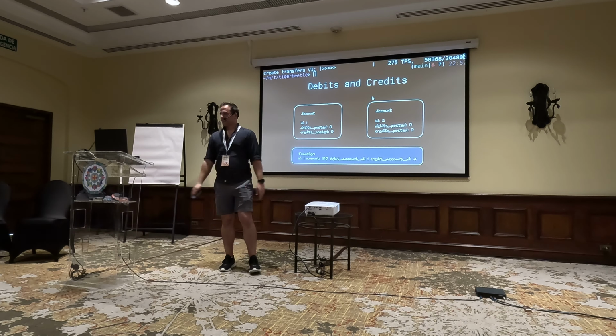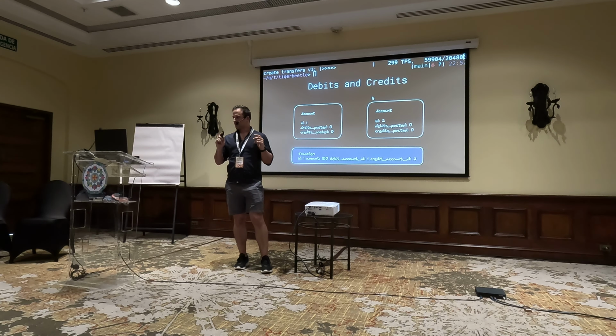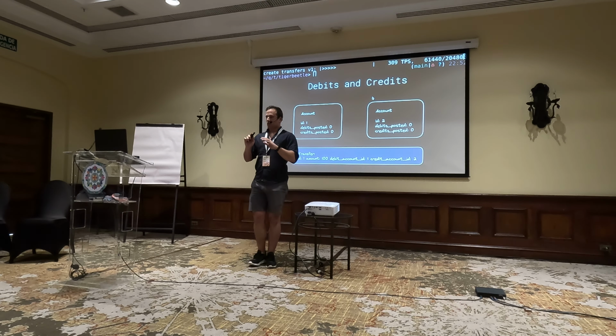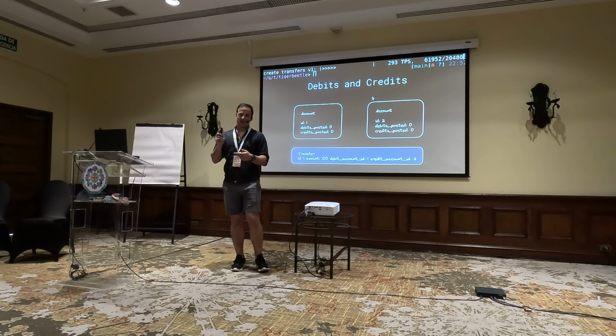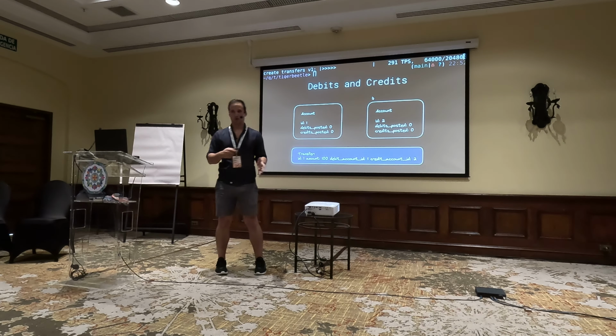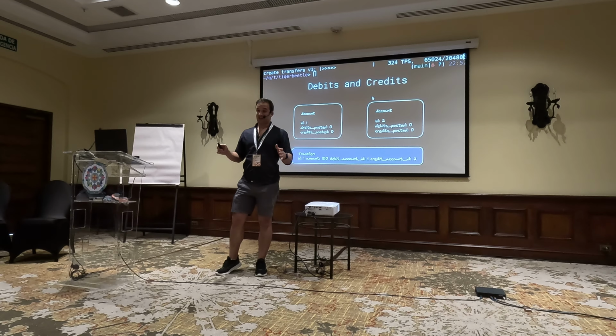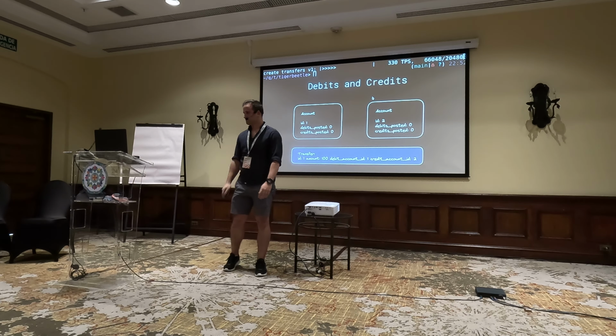So Tiger Beetle instead has a fixed double-entry accounting data model. A transfer debits one account, and it credits the other. Simple double-entry accounting. We do support more advanced features. We have linked transfers, pending transfers, other flags, balancing transfers. But for the purpose of this talk, and also because I don't really feel like re-implementing those in SQL, we're not going to cover them.